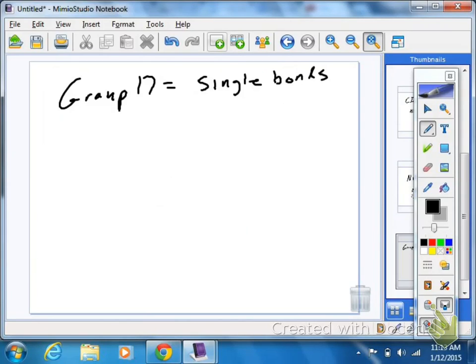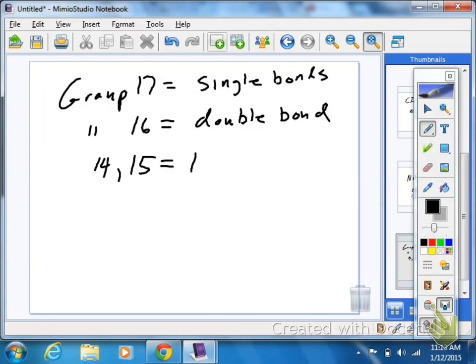If you look at group 16, they can have a double bond. Plus, they can have single bonds too. I'm not going to put how many single bonds they can have, but I'm just saying they can have double bonds. If you look at group 15, they can have triple bonds.